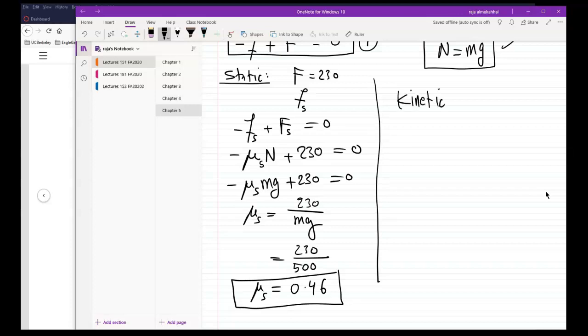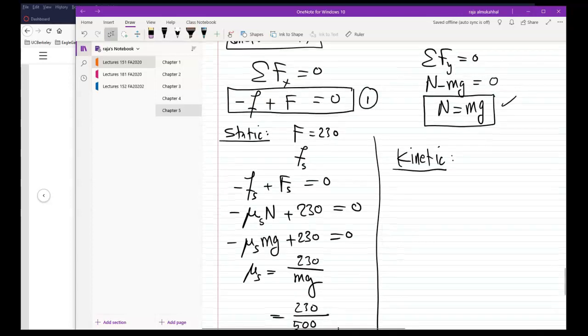Motion-wise, if you will. So I'm going to use exactly the same equation right here, except now it's kinetic. So in this case, this equation 1 is going to be, well, let me remind you, F is equal to 200 Newton. Oops, I forgot to put the unit here, Newton. And then, of course, the F here is the kinetic friction, okay?